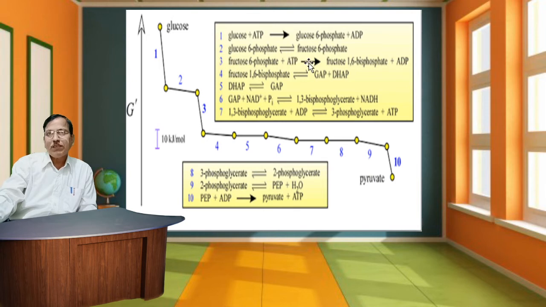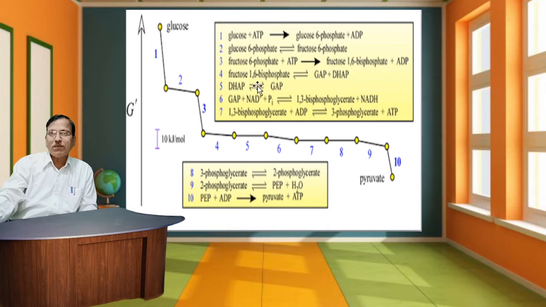In the third step, fructose 6-phosphate plus ATP is converted to fructose 1,6-bisphosphate plus ADP. In this process ATP is converted into ADP, meaning one molecule of energy is utilized.